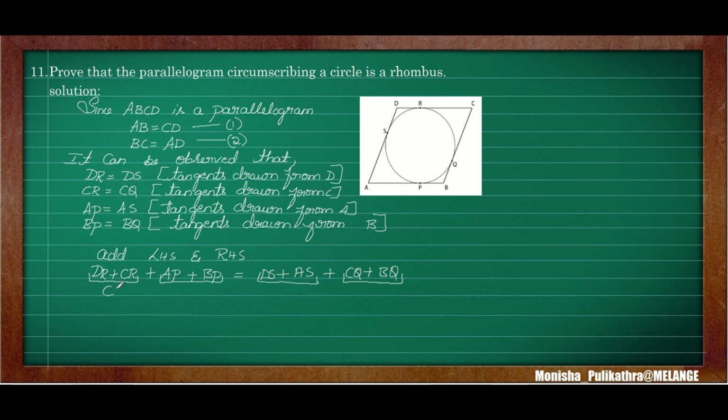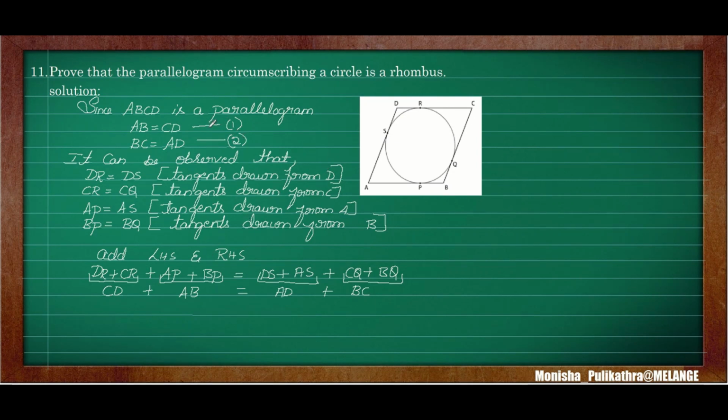DR plus CR is DC. Next, AP plus BP is AB, DS plus AS is AD and BQ plus CQ is BC.